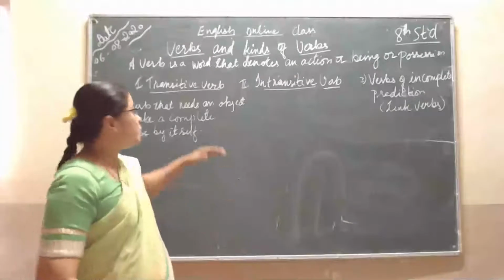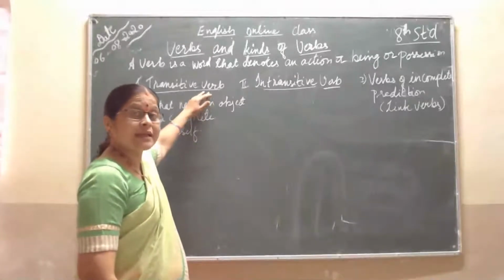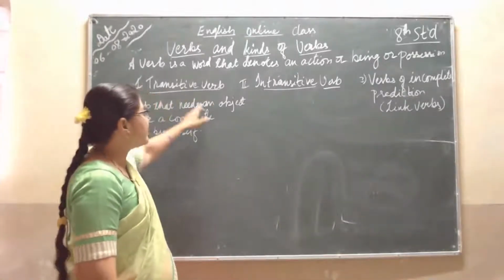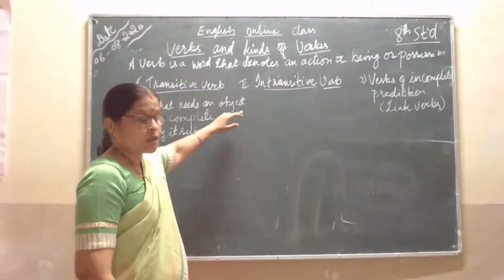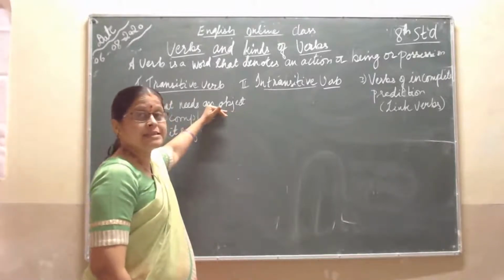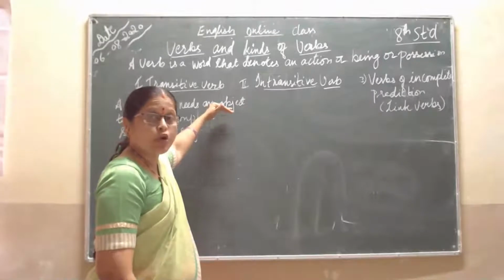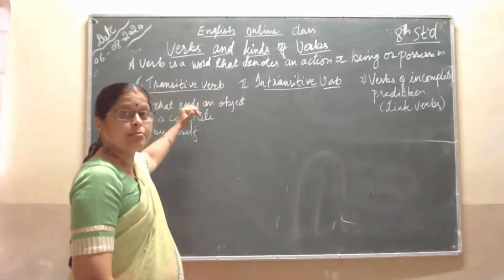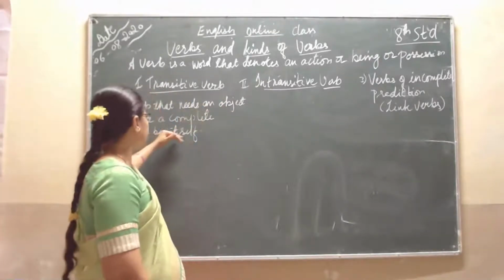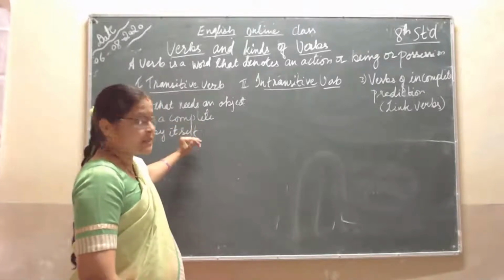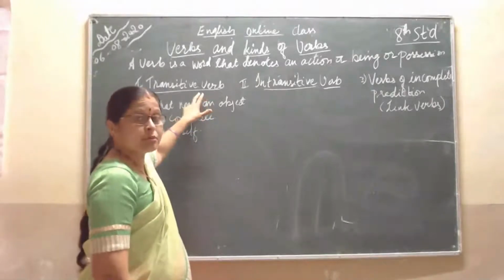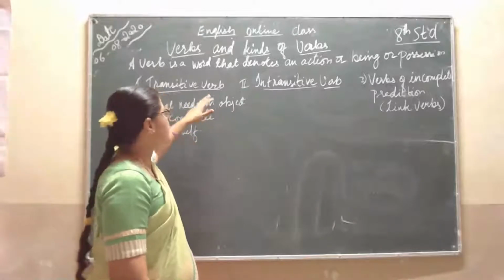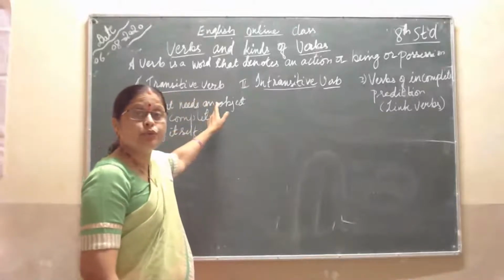We call it a transitive verb when there is an object. A transitive verb always needs an object so that it gives a complete sense. It gives a complete meaning for that sentence. That kind of verb, which needs an object, is called a transitive verb.